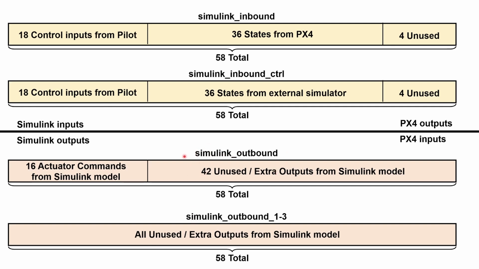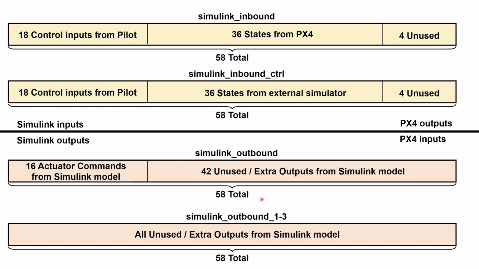A Simulink outbound, you're going to write your actuator commands from the Simulink model, which are essentially the first 16 entries of this vector, which is again the same size, 58 in total. And then you're going to keep the other 42 elements either empty or assigned to 0.